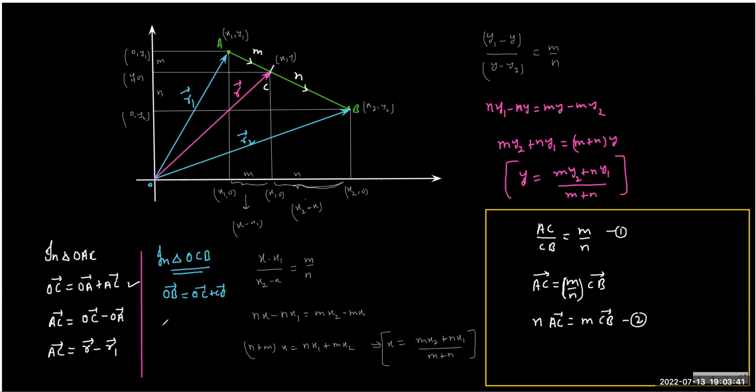Very good. So what is CB now? Because we are looking for CB now. CB is OB minus OC, which is R2 minus R. Am I right? Yes, sir. Now we have the answers, AC and CB.